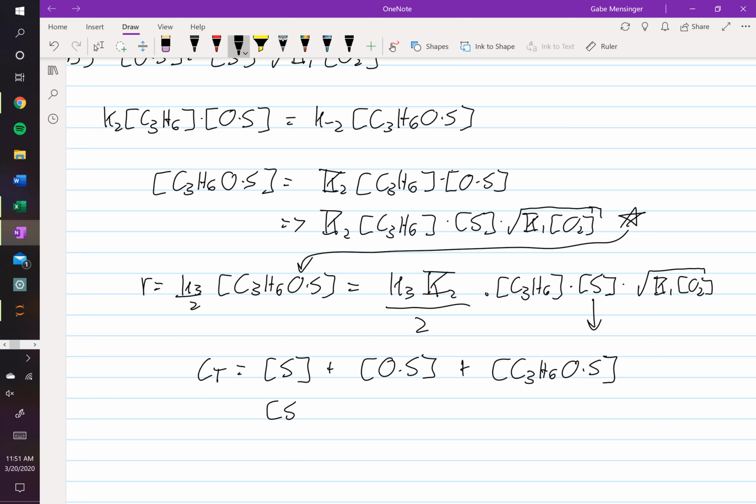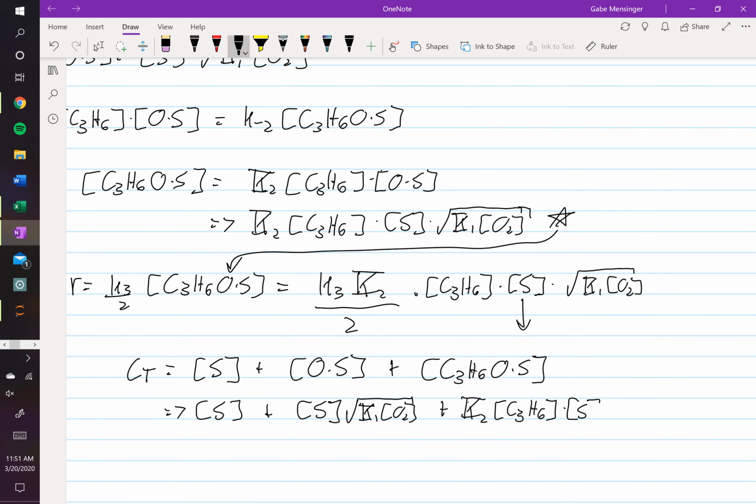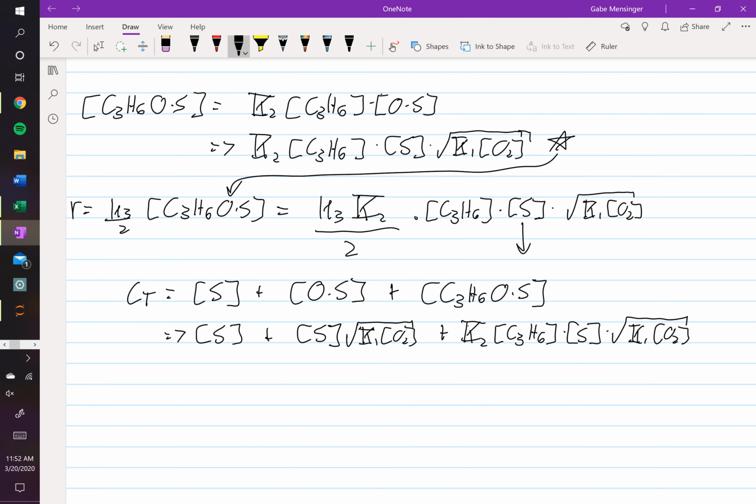So plugging in those terms, times square root of K1 O2, plus, is equal to CT.